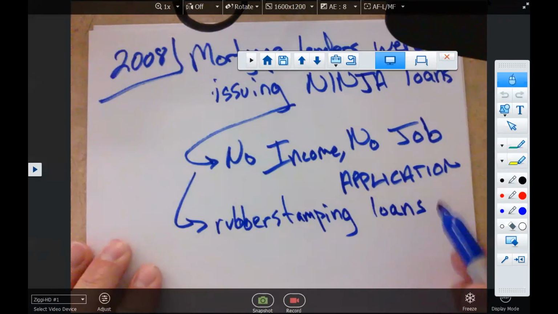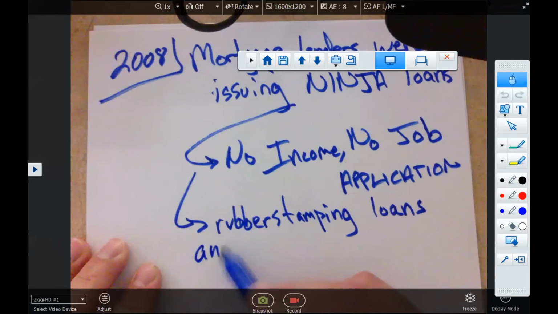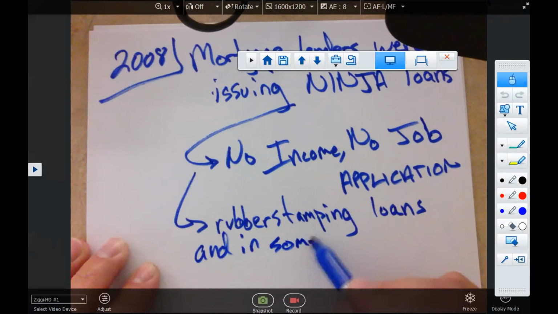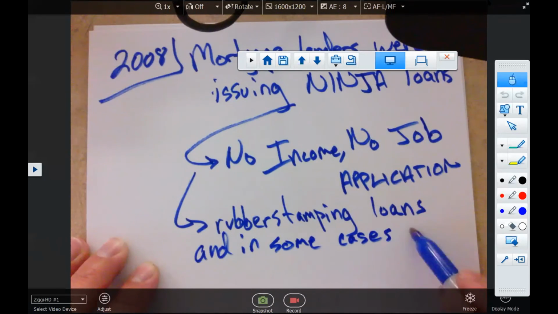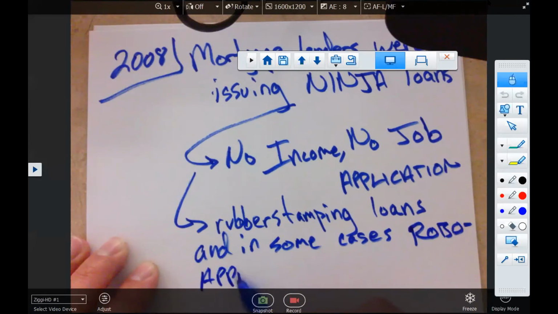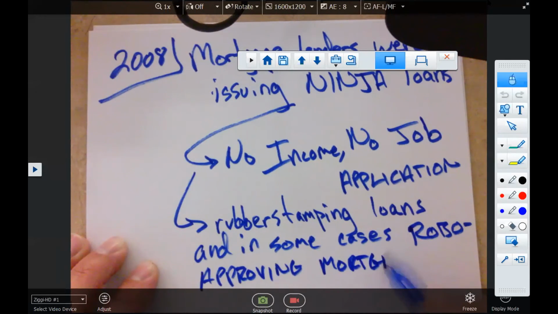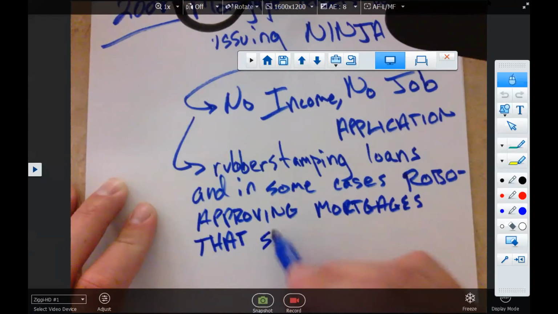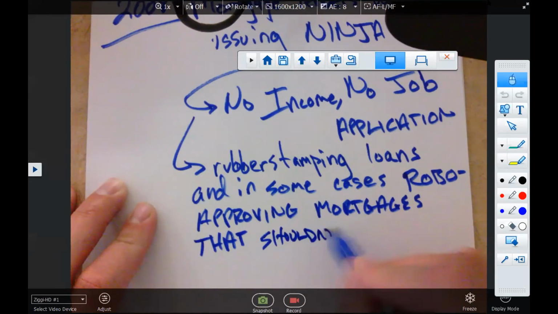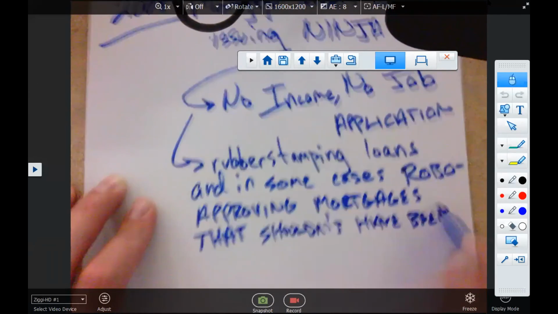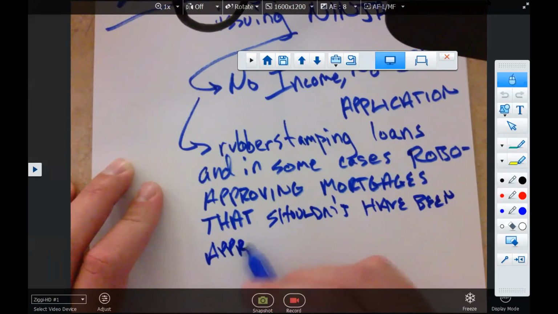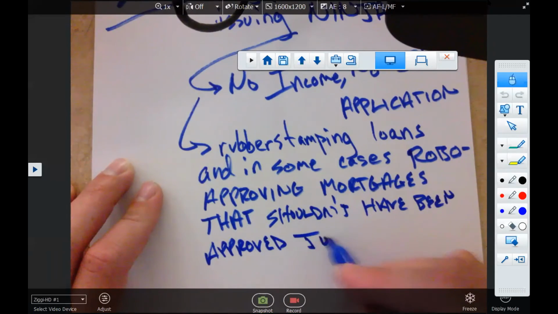So rubber stamping the loans, and in some cases robo approving mortgages that shouldn't have been approved, just so they can get paid.